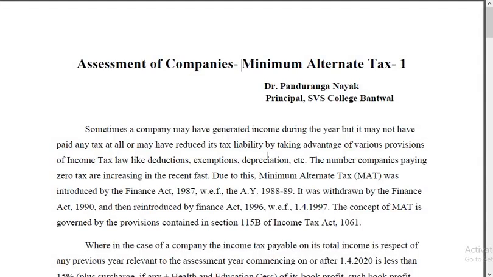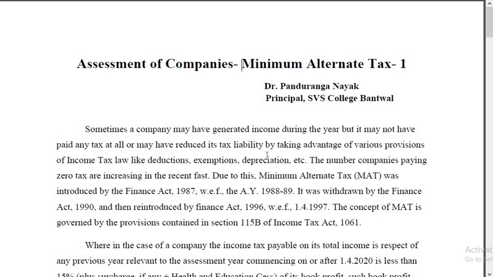Dear students, in our previous videos, we have learnt how to compute the total income of companies and also the computation of tax liability thereon.